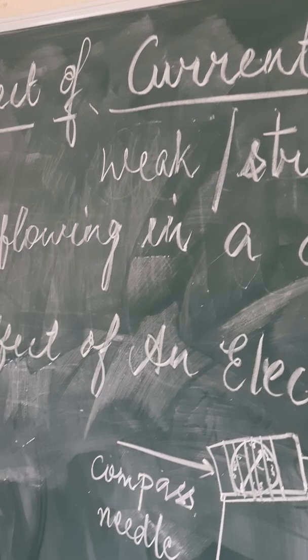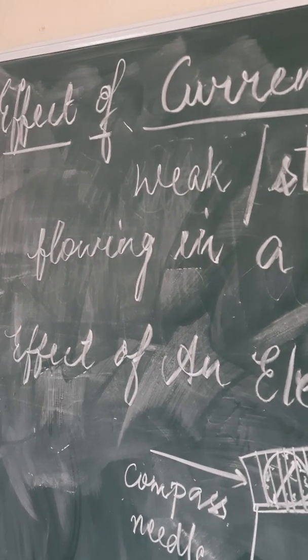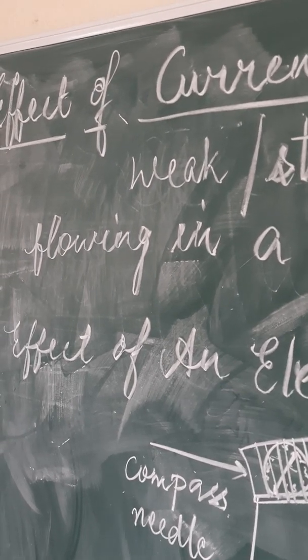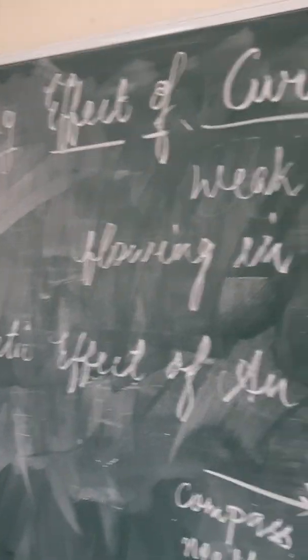As soon as the current has been passed in the circuit, the bulb started glowing. And how come the bulb was glowing? Due to the heating effect of current.